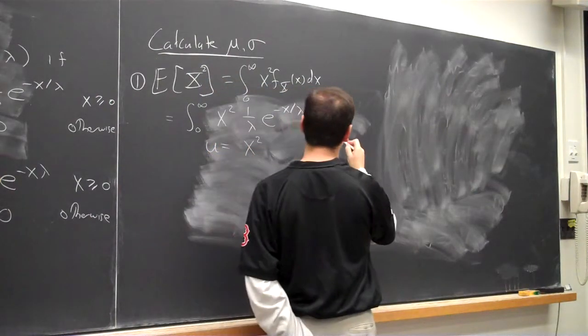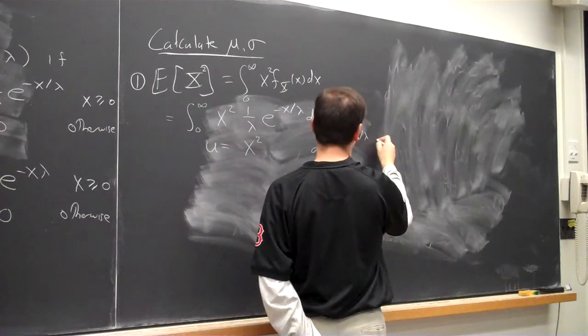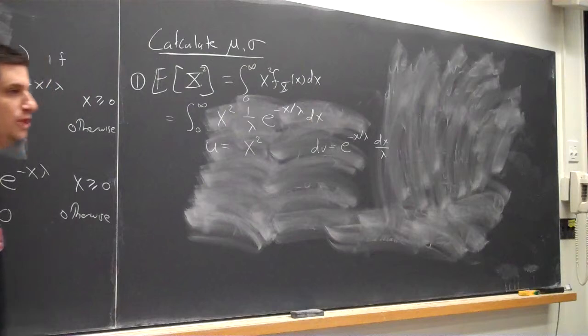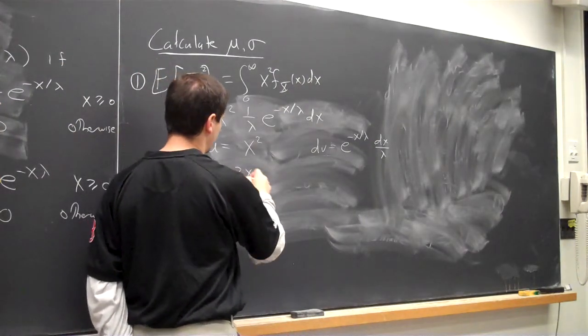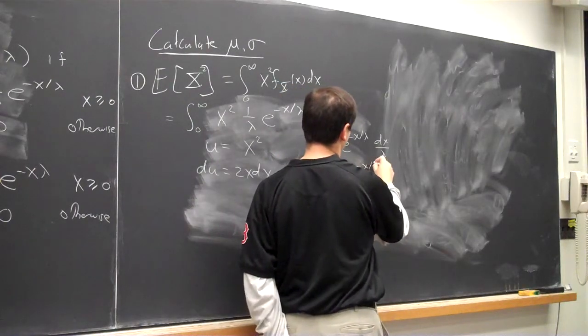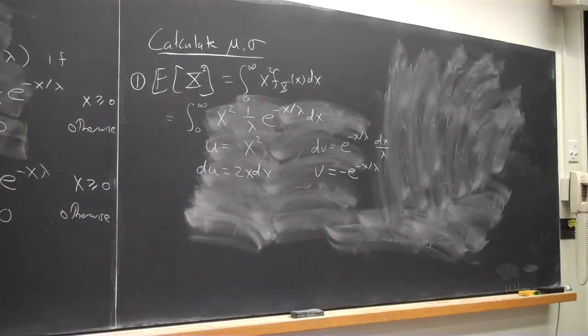And then dv would be e to the negative x over lambda dx over lambda. And we see we really want to have the lambda there when we're integrating. That's going to make the factor come out nice. So now we would get du is 2x dx, and then v is negative e to the negative x over lambda. And that's why we needed the 1 over lambda down there with the dx.